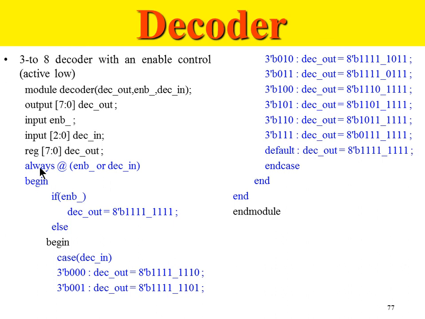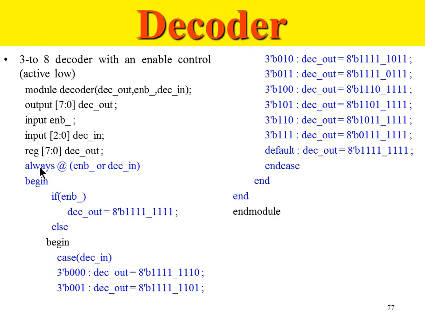If you have a demultiplexer instead of a decoder, the way it works is there is only one input. It's the reverse of a multiplexer. A multiplexer has 2 raised to n inputs, one output, and n select lines. You flip inputs and outputs for a demultiplexer: one input, 2 raised to n outputs, n select lines.